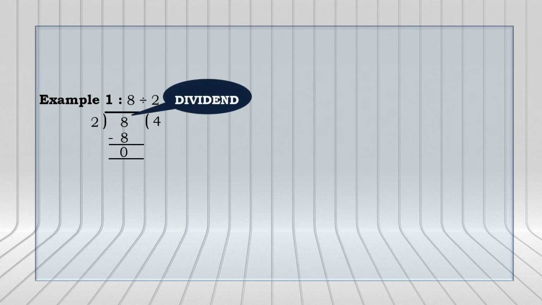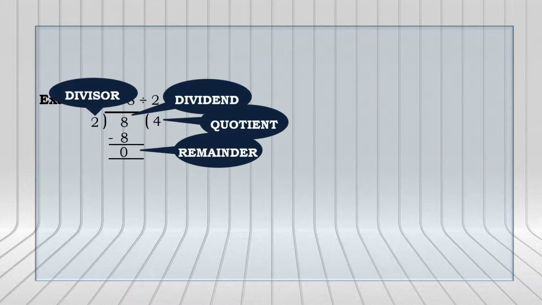Now, let us take one example, 8 divided by 2. This is very easy. You all know 8 divided by 2 gives quotient 4 and remainder 0. Here 8 is the dividend, 2 is the divisor, 4 is the quotient and 0 is the remainder.